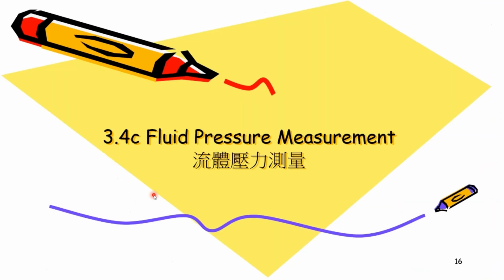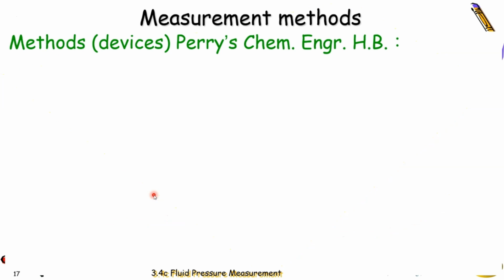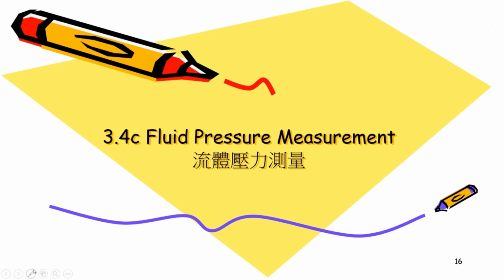Right, so once we know the definition of pressure, now we need to know what the tools are to measure the fluid. And this is what we are going to learn, the tools to measure the pressure. Right, so now let's find out how to measure the pressure.